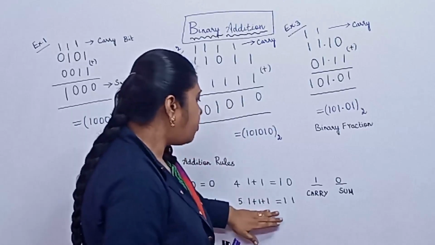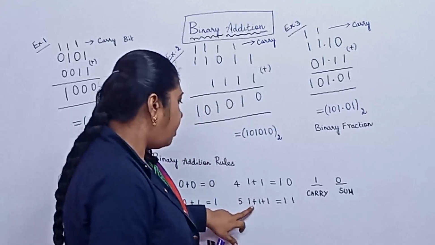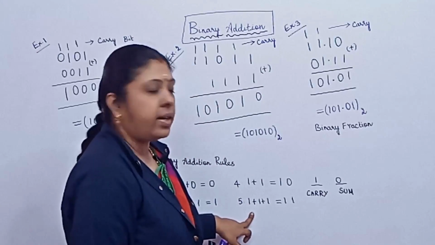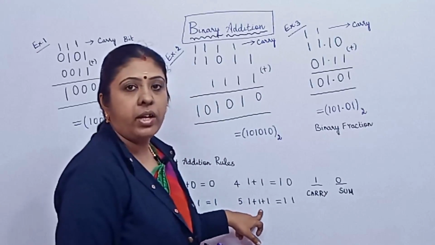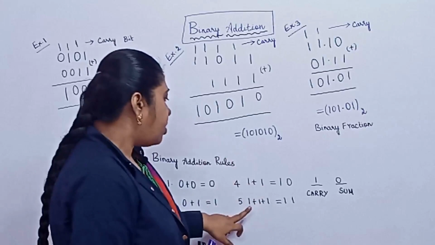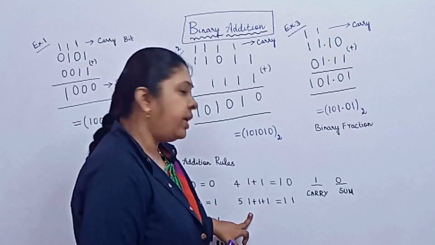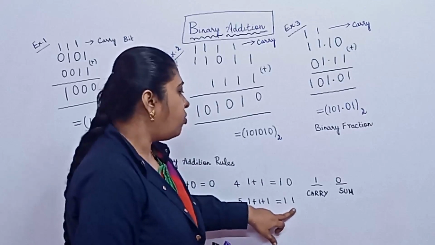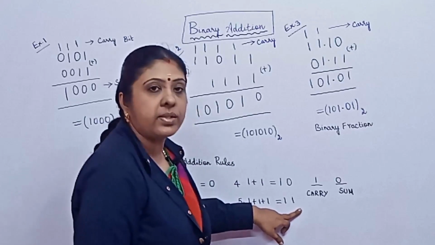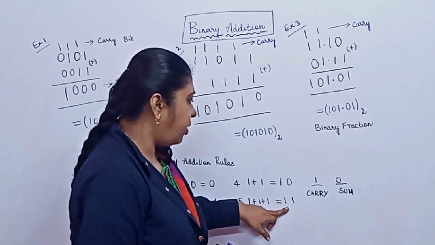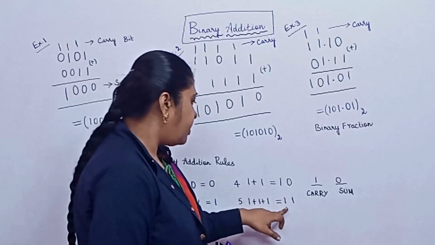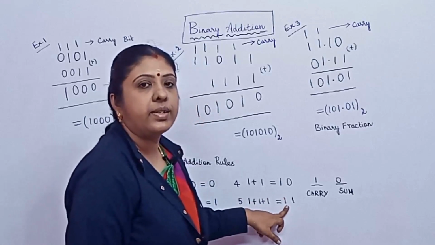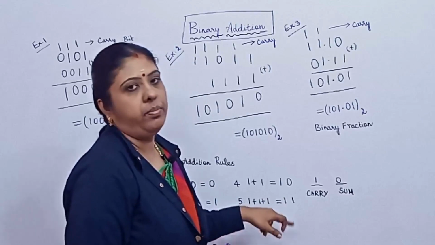Similarly, 1 plus 1 plus 1: these 3 ones in terms of decimal value make 3. And 3 when converted to binary is represented as 1 1. In this 1 1, the last one is the sum bit and the left-hand one is the carry bit.